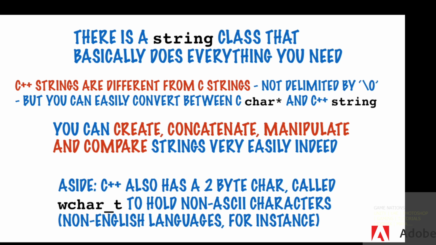To get around this, the C++ character type has 2 bytes. The pre-existing character type char continues to exist, but the 2-byte character type is referred to as the wide char. That's the wchar_t that you see on screen now.